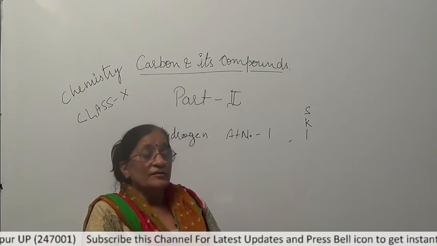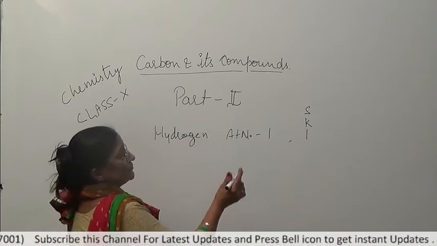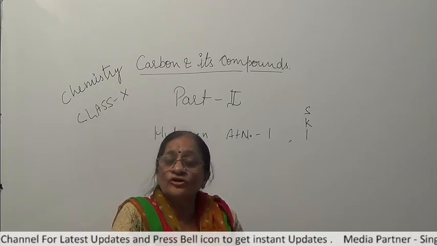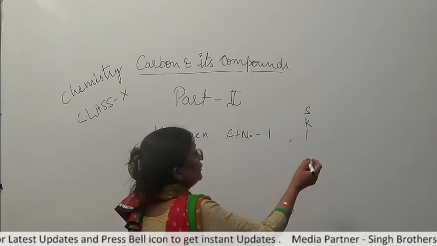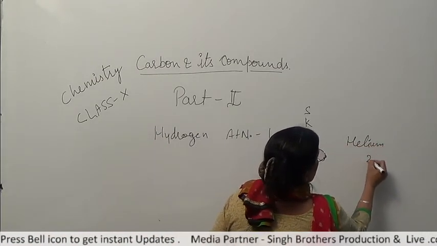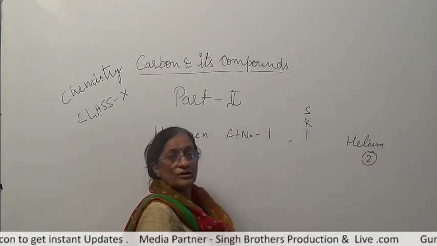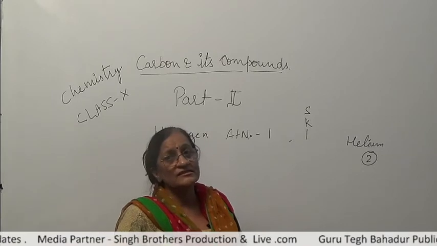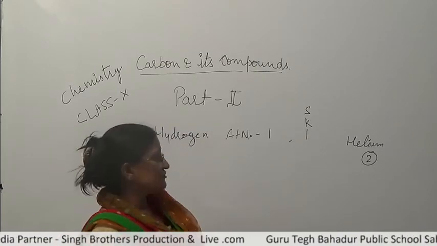So to be stable, or to attain the electronic configuration of helium, as we know, helium's atomic number is 2 and it has 2 electrons in its outermost orbit. That's why it has a stable structure.